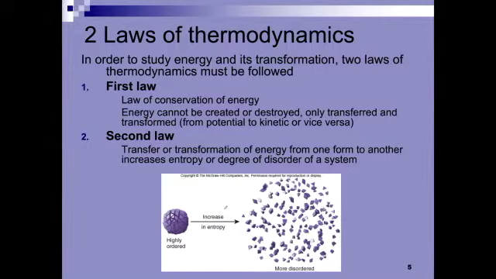So we're going to transform that potential to kinetic energy to make something happen. However, some of that energy cannot be harnessed. It's going to be lost to the system. And by system, we just mean its environment or its surroundings. What we're really talking about is the universe. So the universe wants to be highly ordered, but as we increase entropy, the universe becomes more disordered.